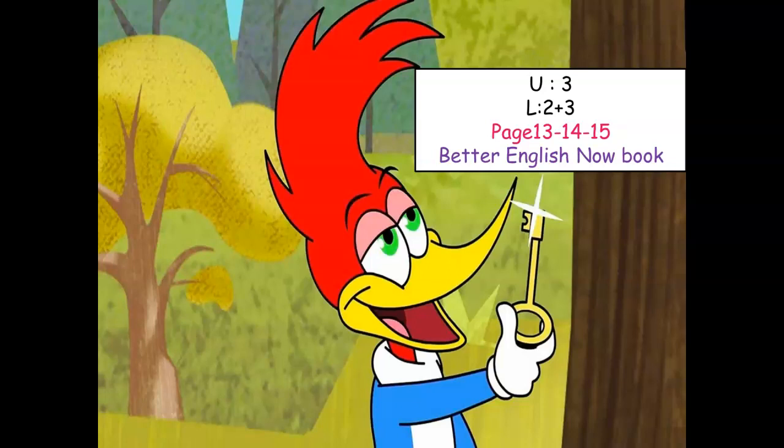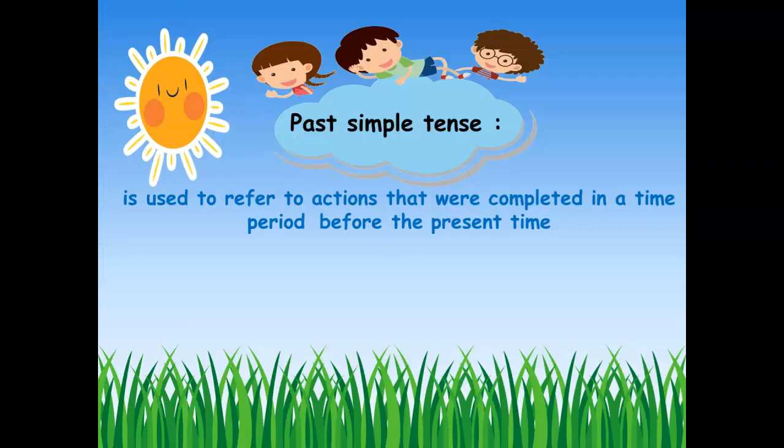As I told you, today we will take two lessons, lesson 2 and 3, three pages in our Better English Now book: pages 13, 14 and 15. First of all, we took the past simple tense together before, right?